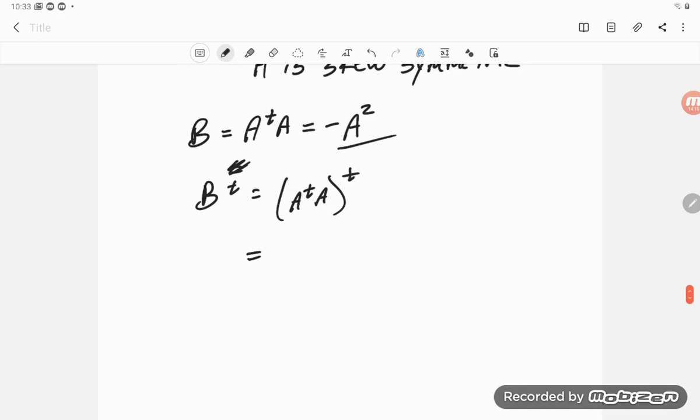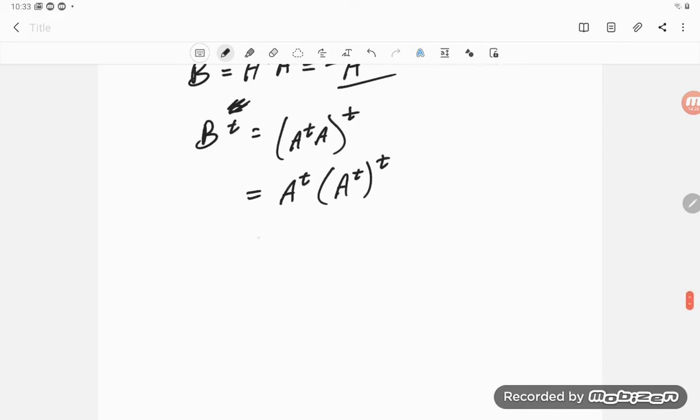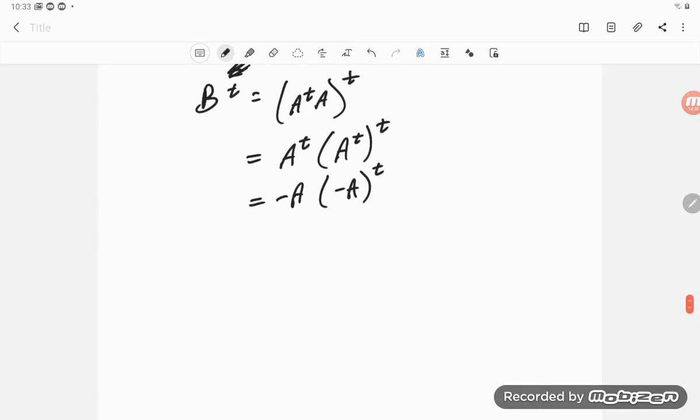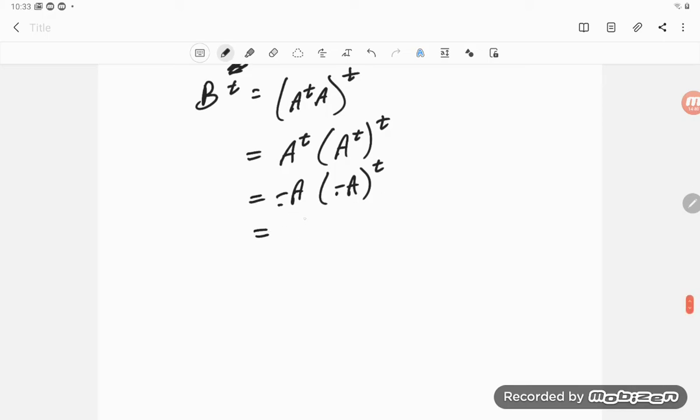Doing the transpose again, we get A transpose and A transpose transpose. Now, just for the heck of it, let me do that as minus A and minus A transpose. But minus A transpose, that's just a scalar. Bring the scalar out, and so I have a minus and a minus, so that makes a positive.